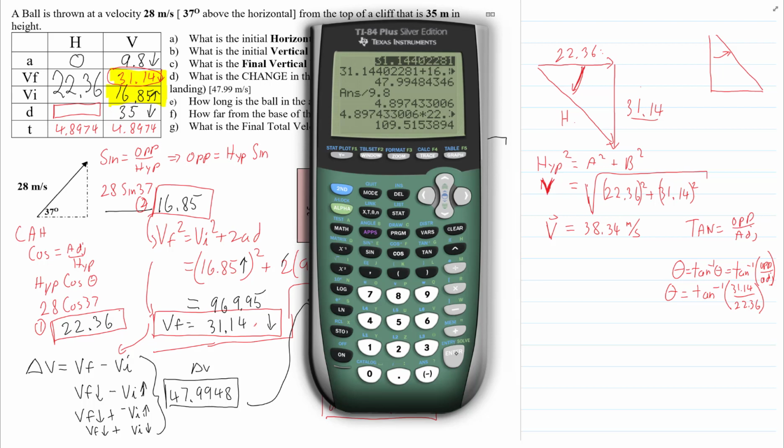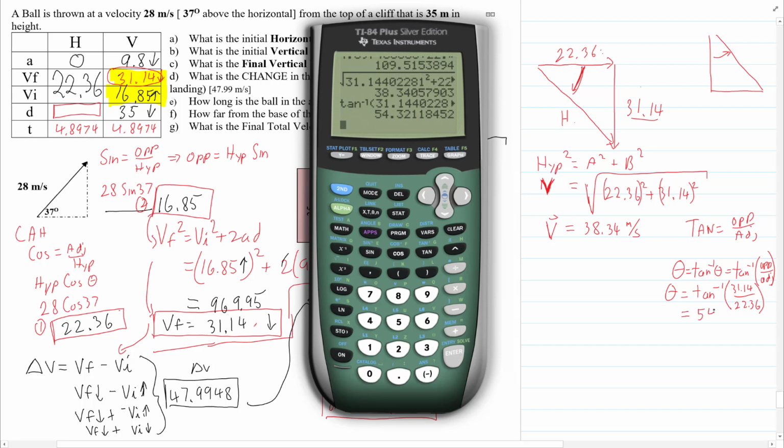That number divided by the 22.36. Close the bracket, boom. There's my angle. The angle is 54.32 degrees.